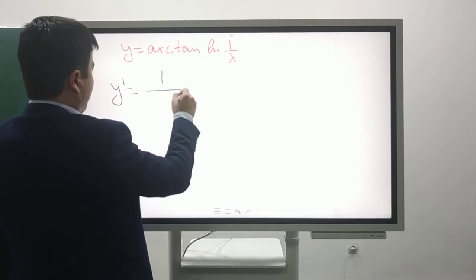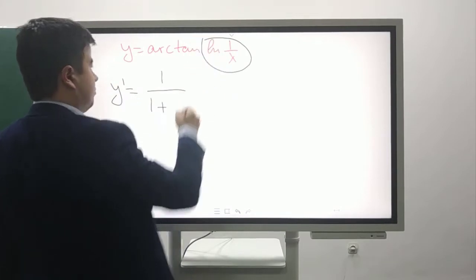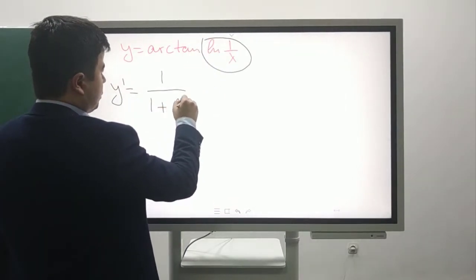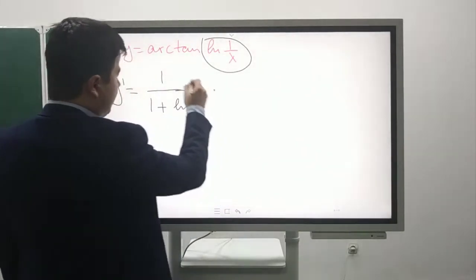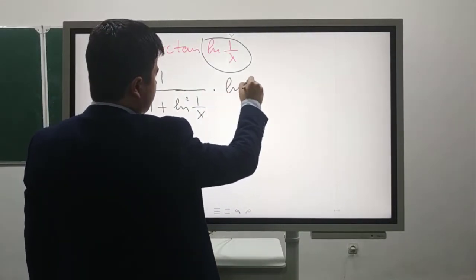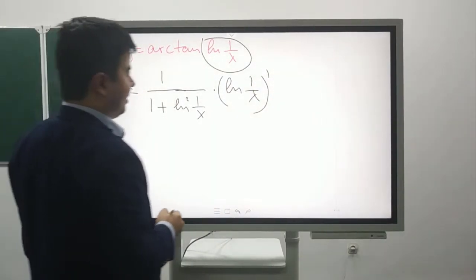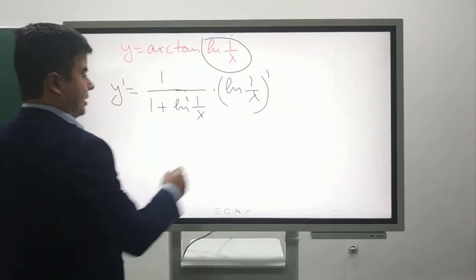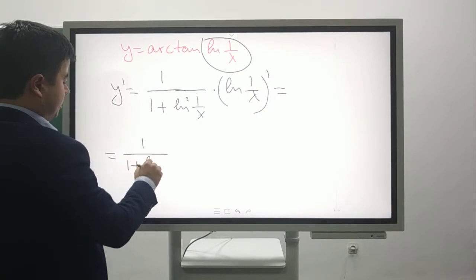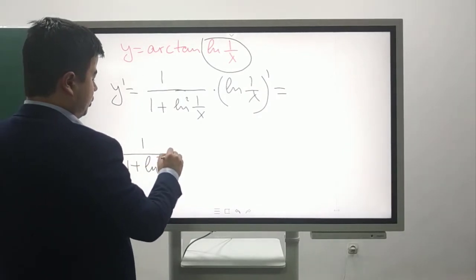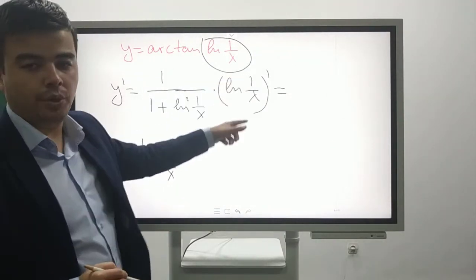So 1 over 1 plus our x, this one, natural logarithm of 1 over x squared, and times the derivative of the argument. The next step is 1 over 1 plus 1 over x, times the derivative of natural logarithm of 1 over x.